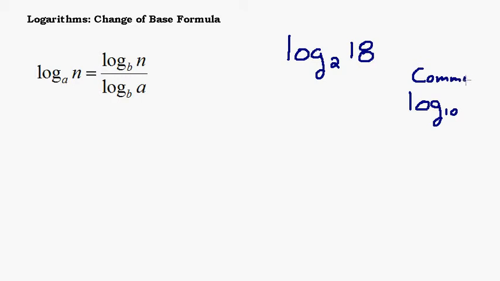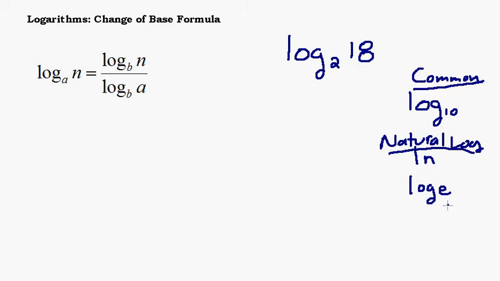And then it has another button that looks like ln, which is the log base e, called your natural log. These are the only buttons on our calculator that allow us to find the log of something if it has a base 10 or a base e.